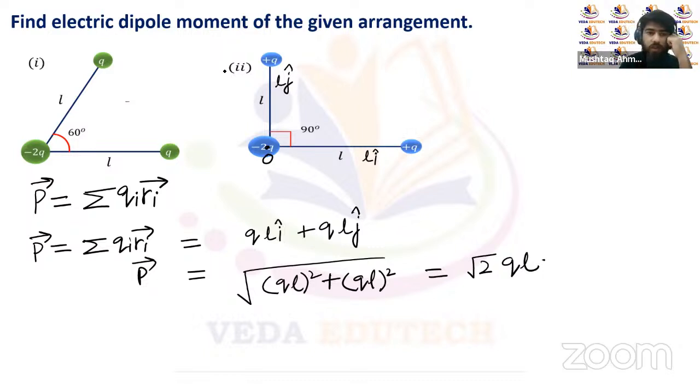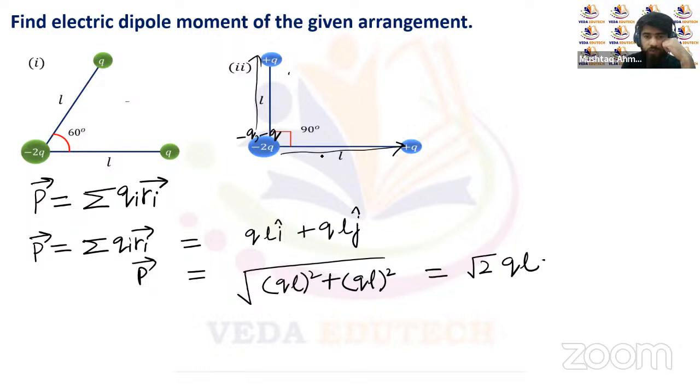For the part second, another way of calculating the magnitude of this dipole moment is this. Let's suppose we have the two charges minus q and minus q. We know the direction of the dipole moment is from the negative charge to the positive charge. Because of this minus q and plus q, the dipole moment will be along this direction, and because of this minus q and plus q, the dipole moment will be along this direction, right?